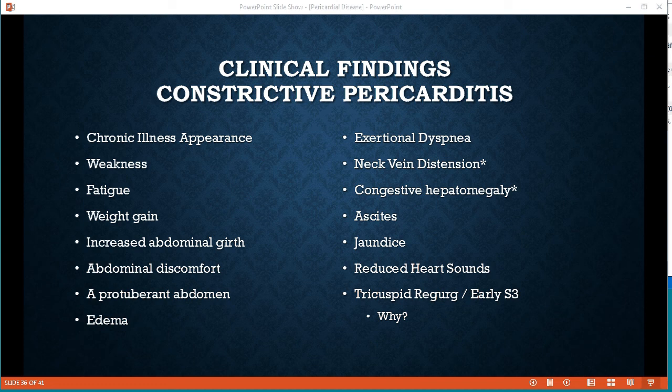So remember, when you hear tricuspid regurgitation, you're probably going to start to hear it in systole. It's going to be a murmur that you hear in the tricuspid area.